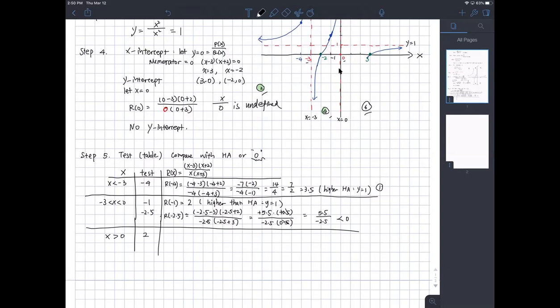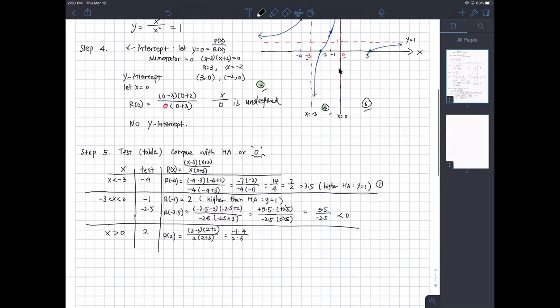If I try 2 here, then I'm gonna have r of 2, which will equal 2 minus 3 times 2 plus 2 over 2 times 2 plus 3, which is equal to -1 times 4 over 2 times 6. Right here, I don't have to calculate this anymore because this is gonna be a negative value, which is less than 0. So which means my graph should go down instead of go up.